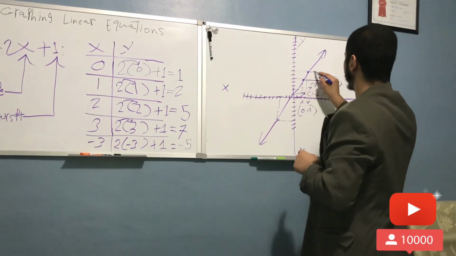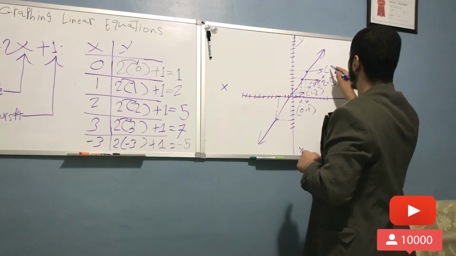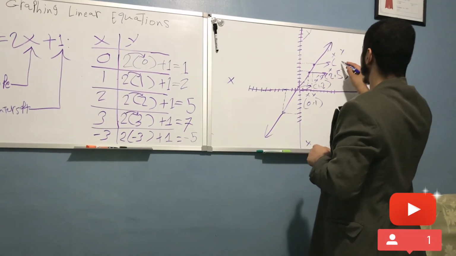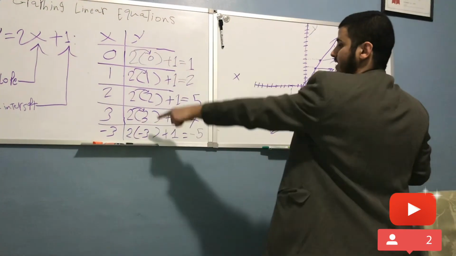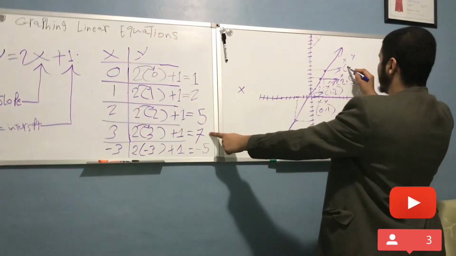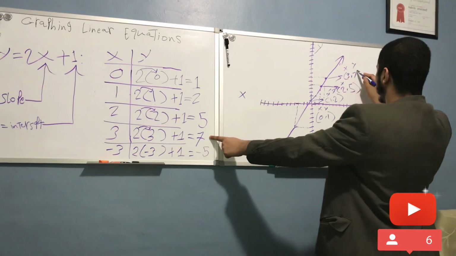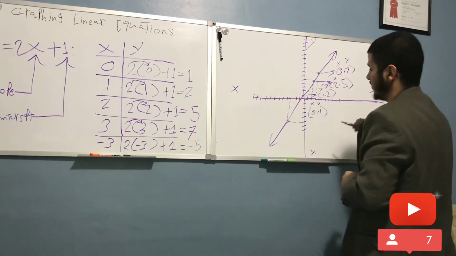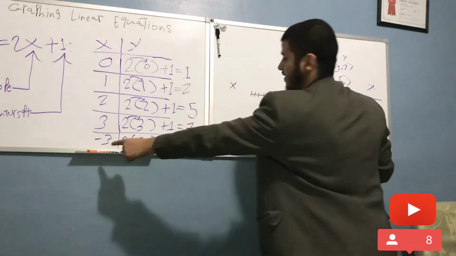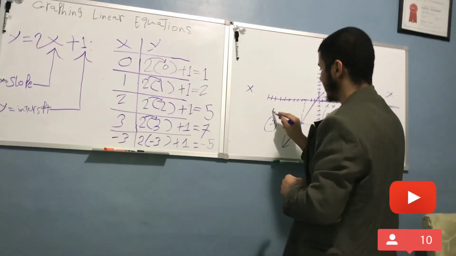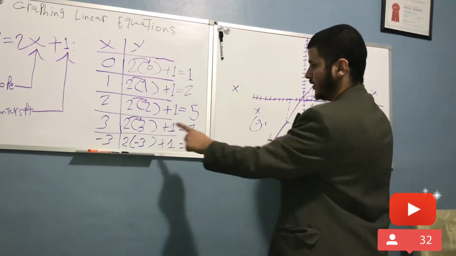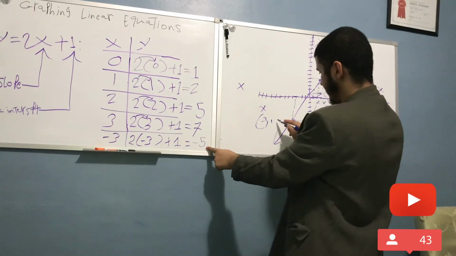And I have here the x-axis and this is the y-axis. I have 3, the x-axis 3, and the y-axis 7. That's the point for it. And this one, I have the x-axis -3 and the y-axis -5.